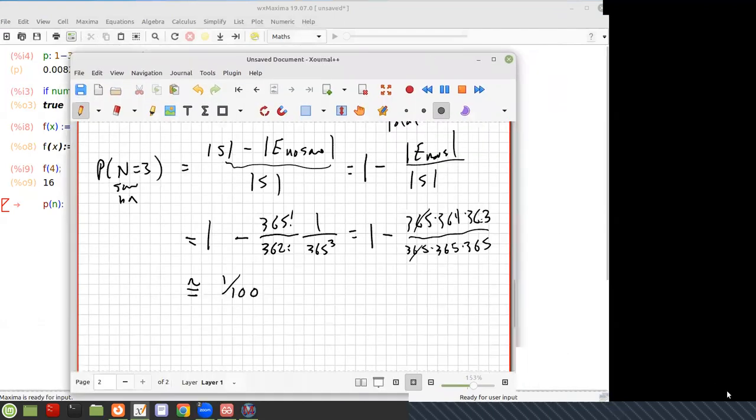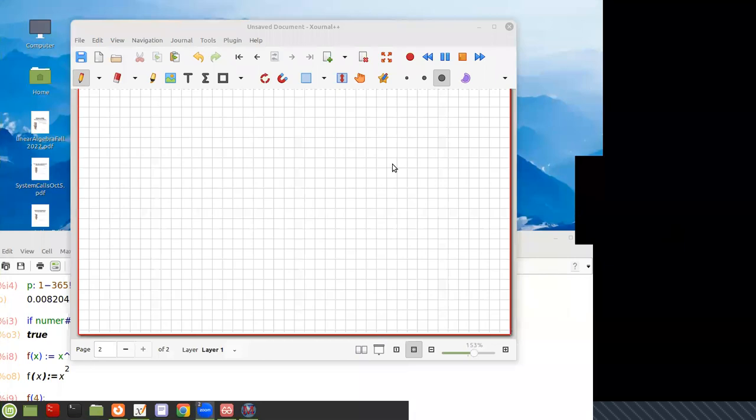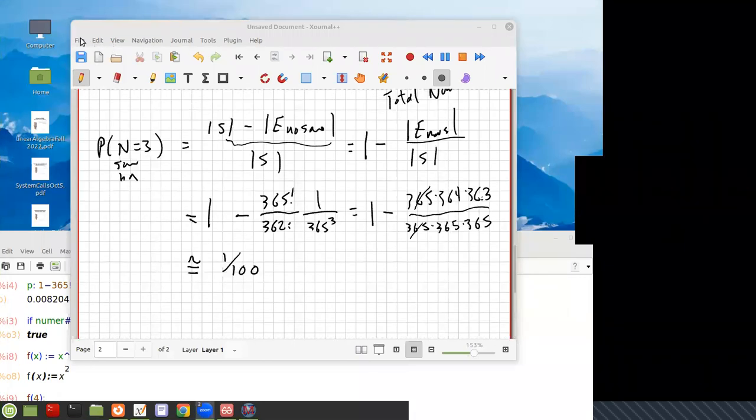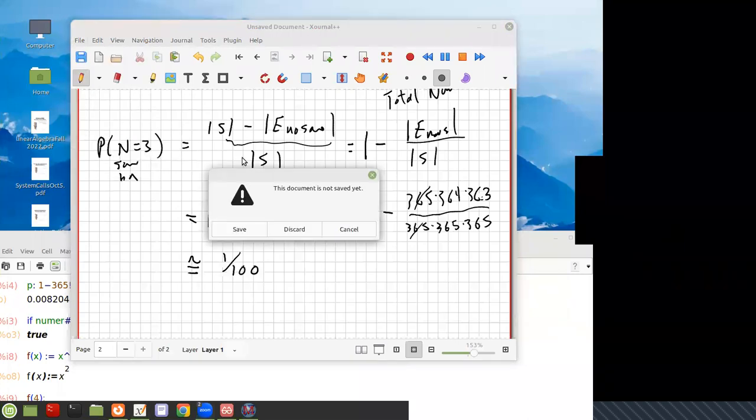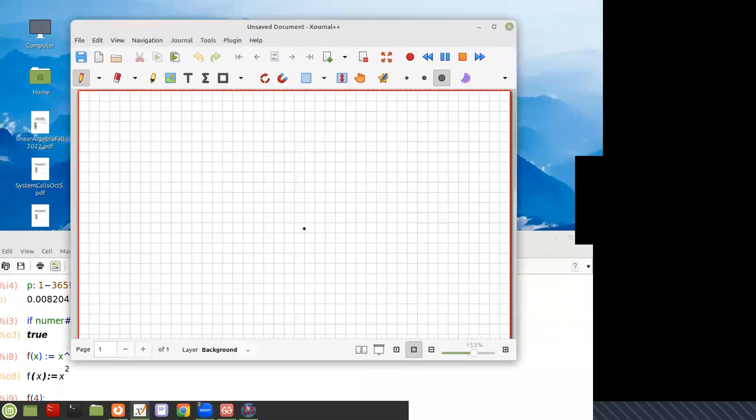Let's consider something. This is a preview of what we'll do next week, which is conditional probability.